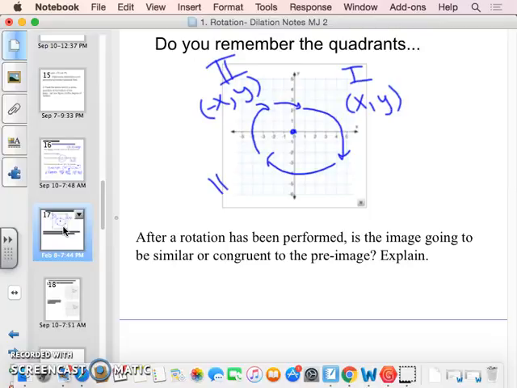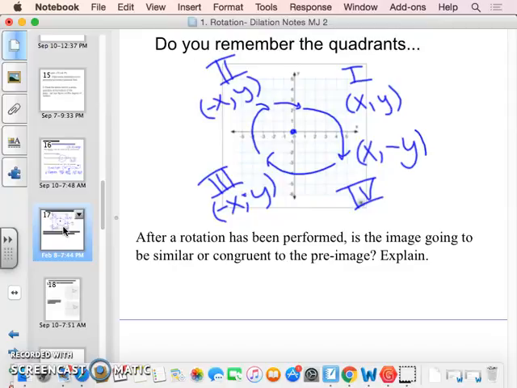In quadrant 3, you should always end up with both your X and your Y being negative. And if you were to rotate back to quadrant 4, please remember that your X coordinates are going to be positive, but your Y coordinates are going to be negative. And that's going to be helpful when we are talking about rotating an object around the origin, so that you can check to make sure that your coordinates have the correct sign.